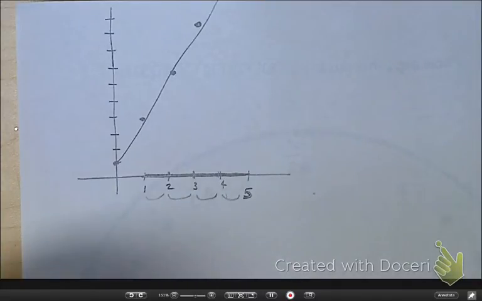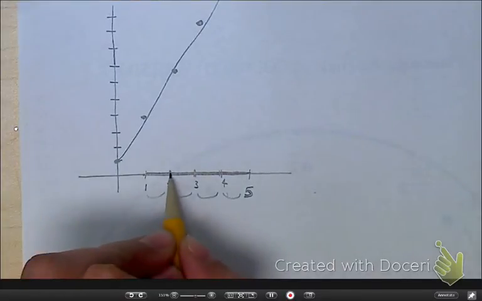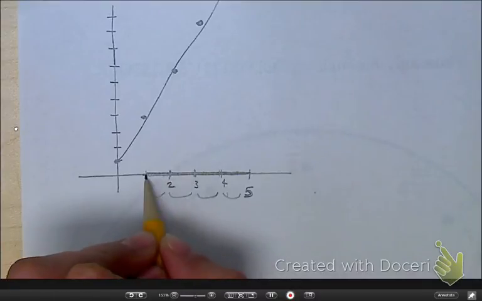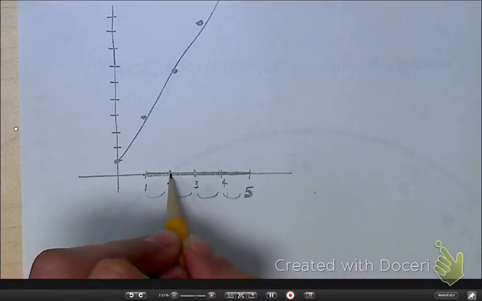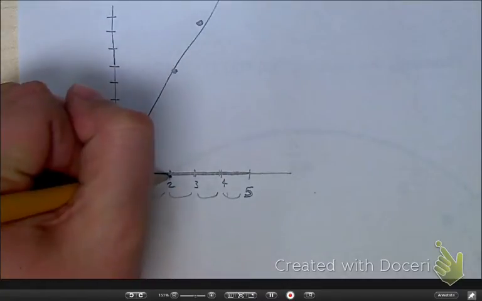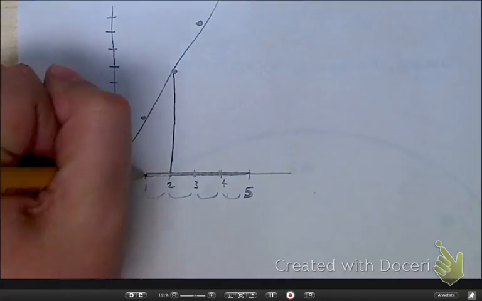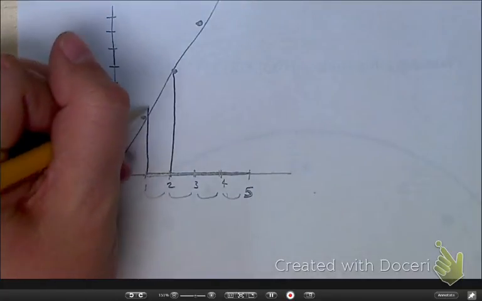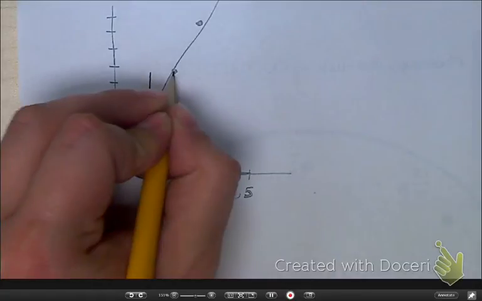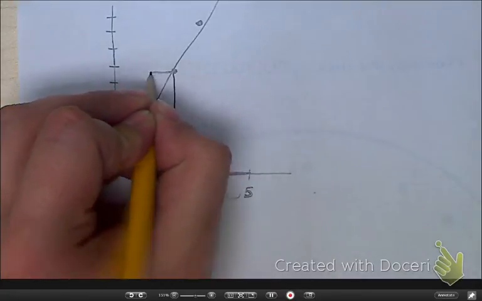So far, we've only talked about right-end rectangles, so we are going to continue to talk about right-end rectangles. If this is the base of my first rectangle, then from the right-hand side of my rectangle, I'm going to shoot straight up from 2. Then I can draw the other side of my rectangle and close off that rectangle at the top.